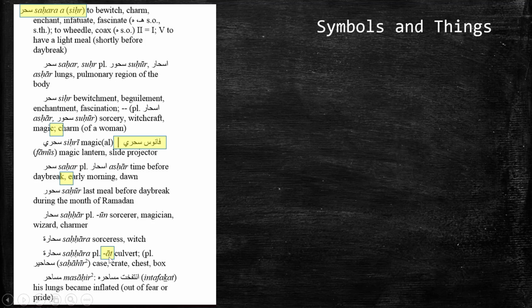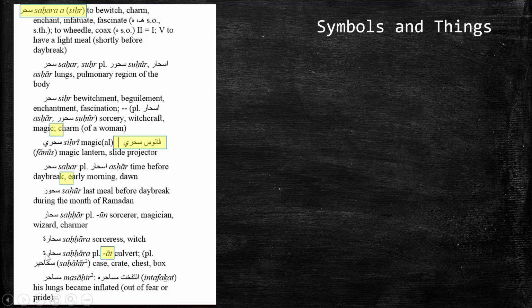But then if we want to make the plural, he's telling us here that we would remove this ta marbuta, and then we would add a fatha to the ra, which would already be there. We would add an aleph to elongate, and then we would put an open ta, which would be saharat, because the ta marbuta is not pronounced at the end of a word, whereas the ta maftuha is pronounced.